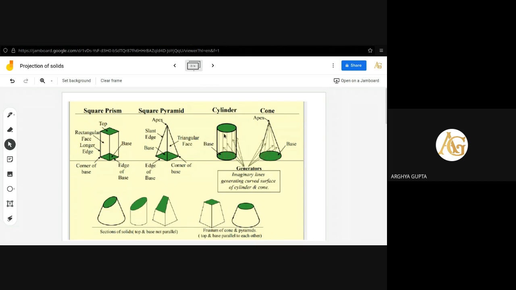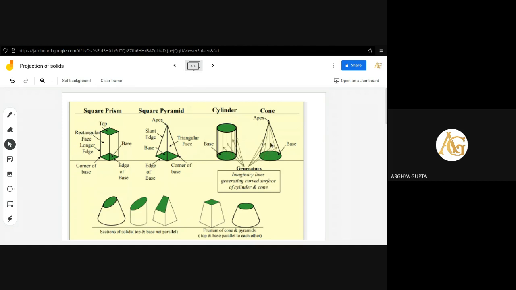And this is a cylinder, with two similar circular bases. A cone also has a circular base. But in a pyramid, the apex and the corners of the base are joined by slant edges. In a cone, the line which joins the apex with the circumference of the base circle is called a generator.